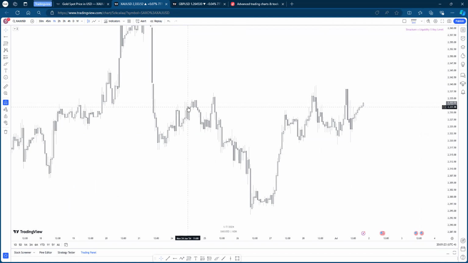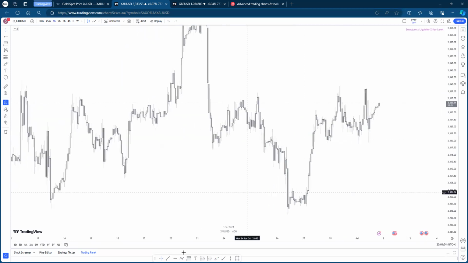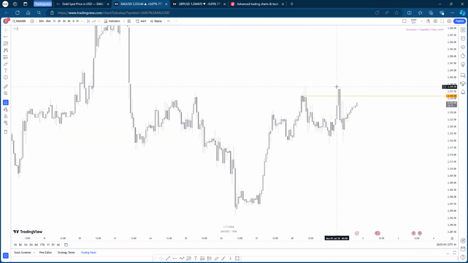So I entered at the lower one and then put my stop loss above the higher key level, the actual A-shaped key level. Is it for this sell? This sell, yes. Okay, so you can see that price came close to that high.